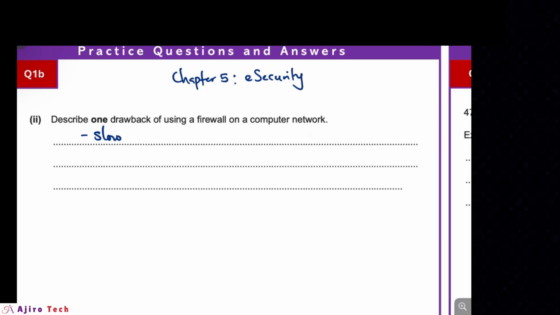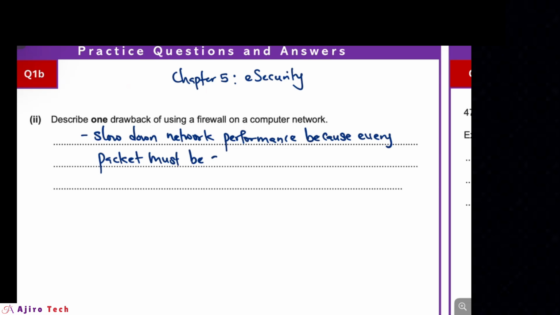Slow down network performance because every packet must be checked before being allowed.